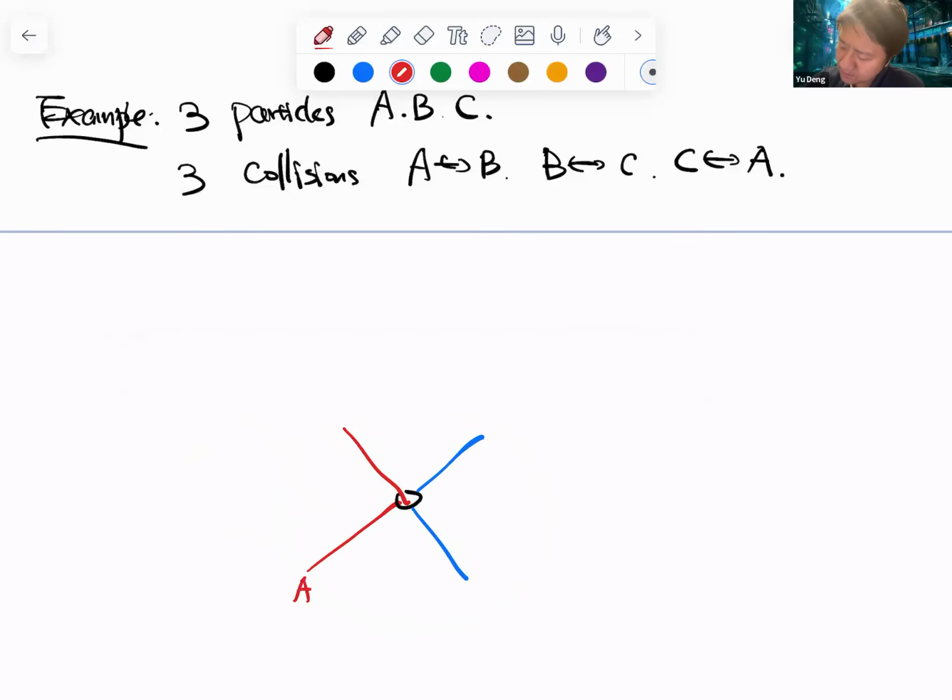This is A and this is B. And then let's say B collides with C. So there is a third particle that collides with B. Let's say there is a C here. Where does C go? C could go this way. So let's call it C.